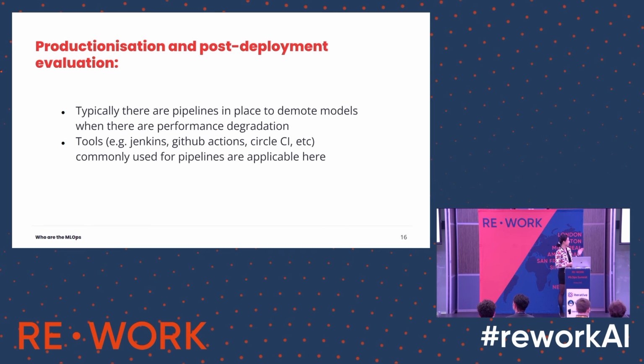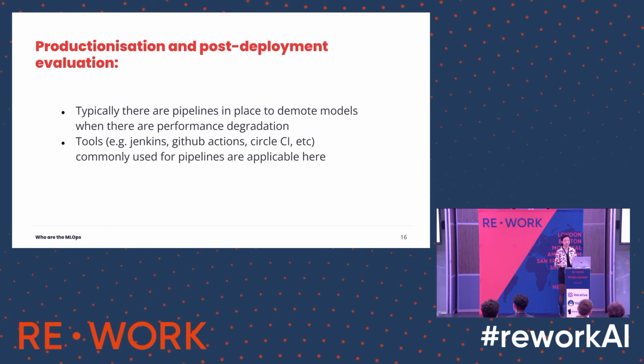Like I mentioned, there are pipelines to deploy models, tools, anything you can think of. We have a bit of everything. Jenkins is a little bit legacy on some of our open source projects, because Yelp actively open sources.